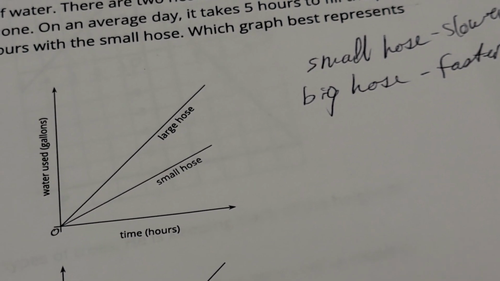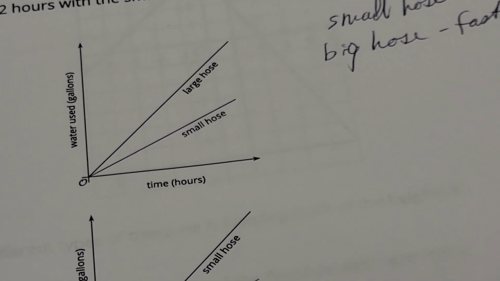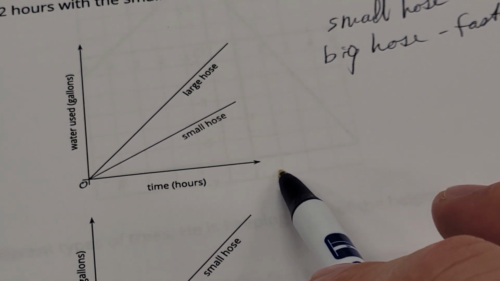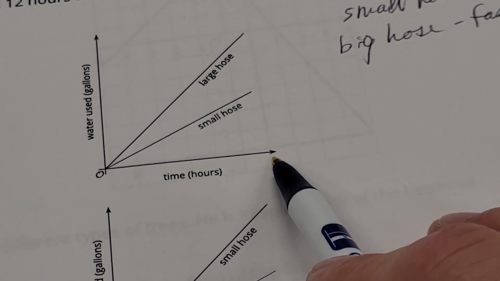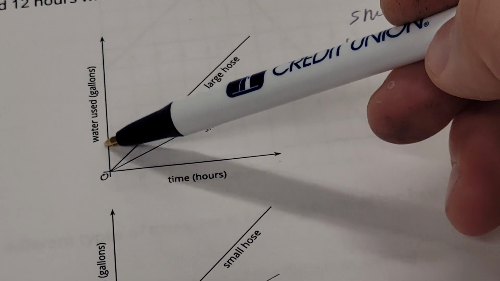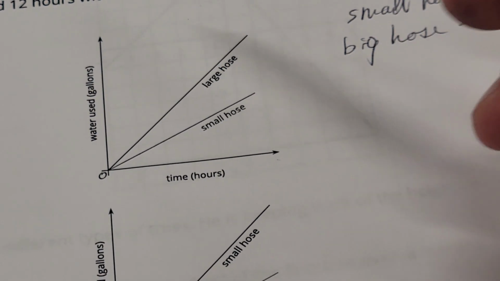Looking at graph A, I have time, and as time goes more, I have gallons of water used.